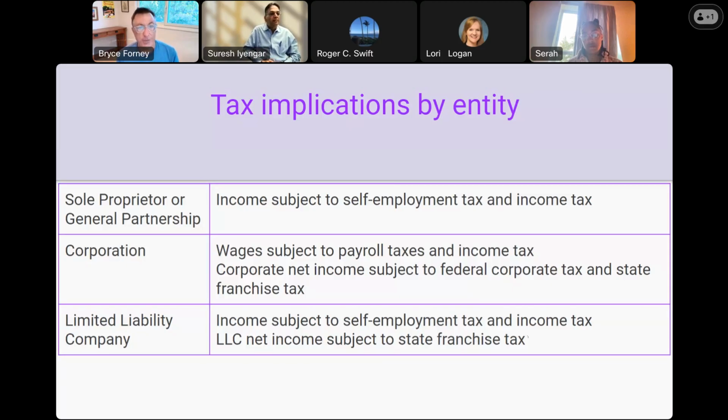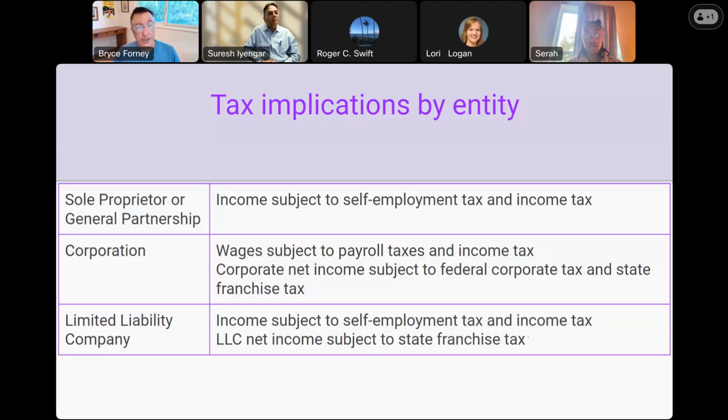The self-employment tax, if you're unfamiliar with that term, is another way of saying Social Security and Medicare. Those are the two taxes that make up self-employment tax. So it's 15.3% up to something like $160,000 or something.